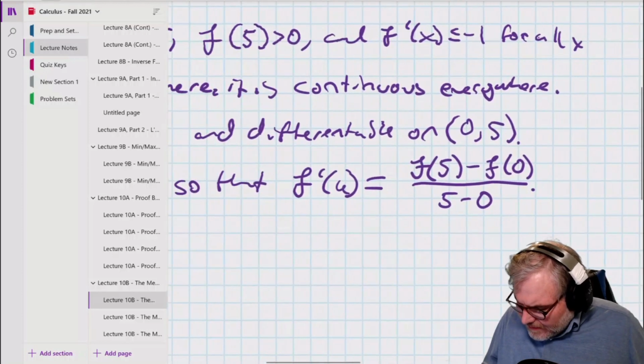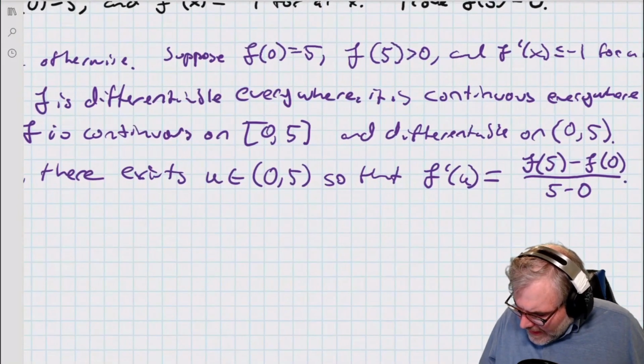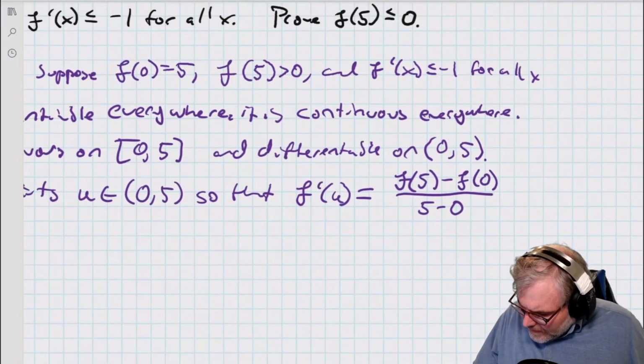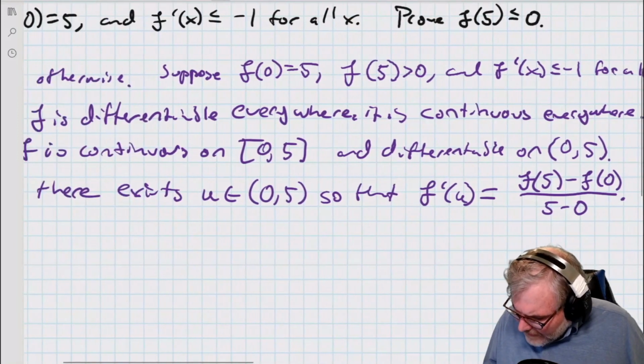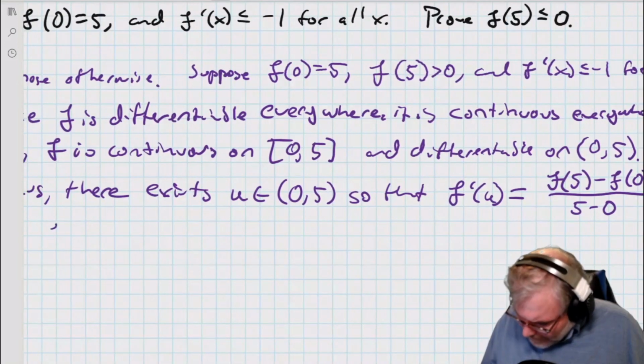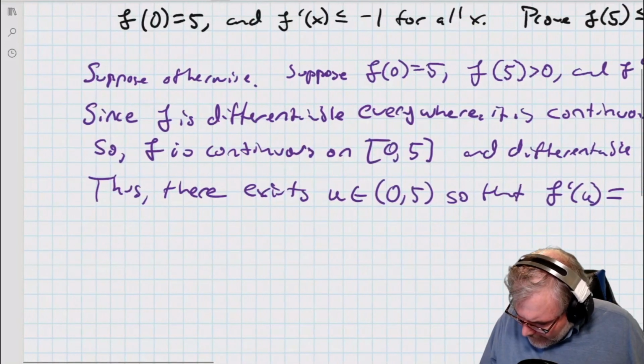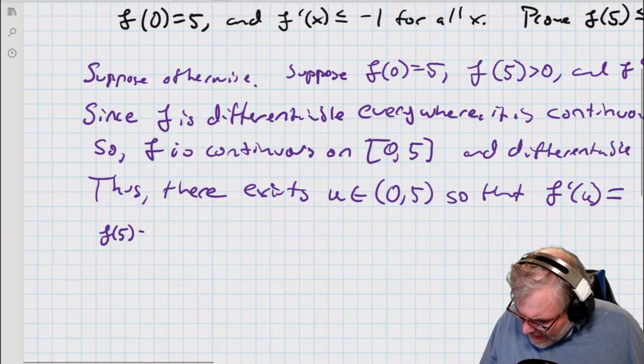Let me show you what I mean. So I've got f prime of u equals this, and f prime of u has to be less than or equal to -1. So what I'm going to do is say, okay, well, that means that f prime of u, so I've got f of 5 minus f of 0 all over 5 minus 0.